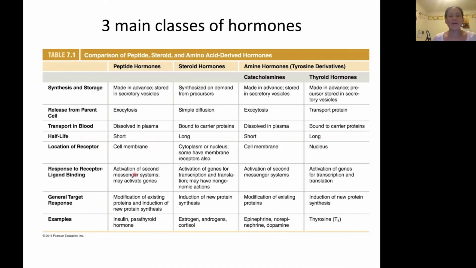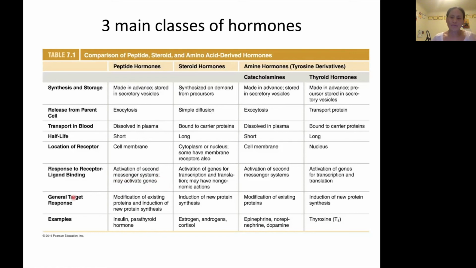The kinds of responses that they elicit is they set off these signal transduction cascades, also known as the second messenger systems. This is something that I'm de-emphasizing, but they do also sometimes activate longer term, what we call genomic effects in the cells.